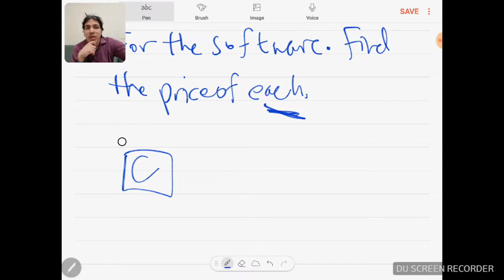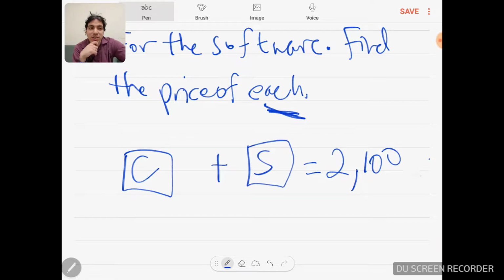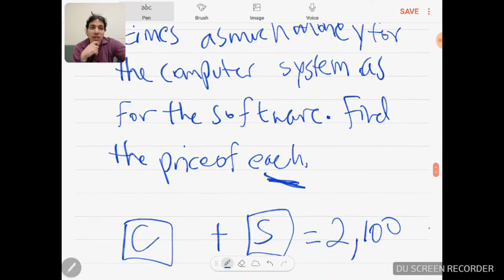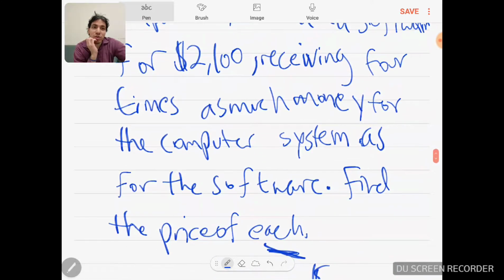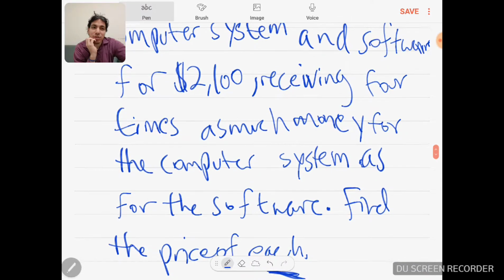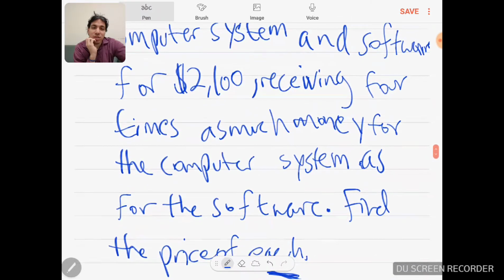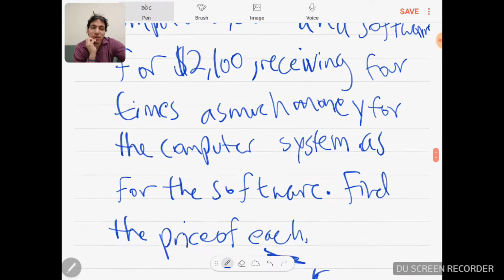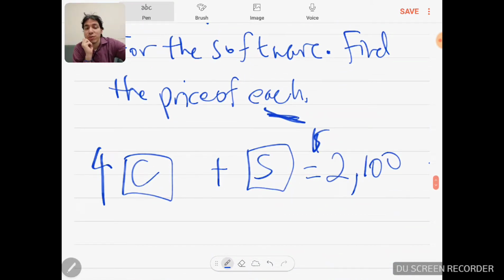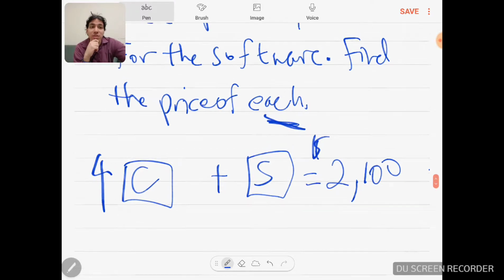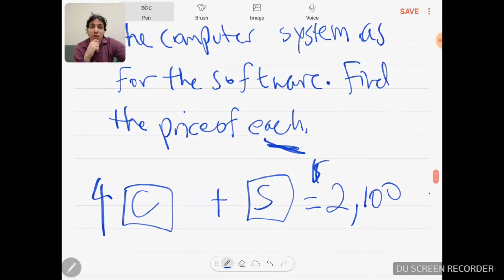Well, no. In total, when you combine the computer system and the software, they sold for $2,100. So which one sold for 4 times that much? Receiving 4 times as much money for the computer system, so the 4 goes in front of the C here, as for the software.